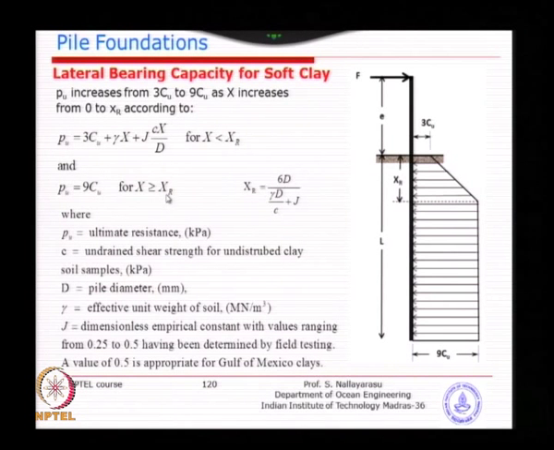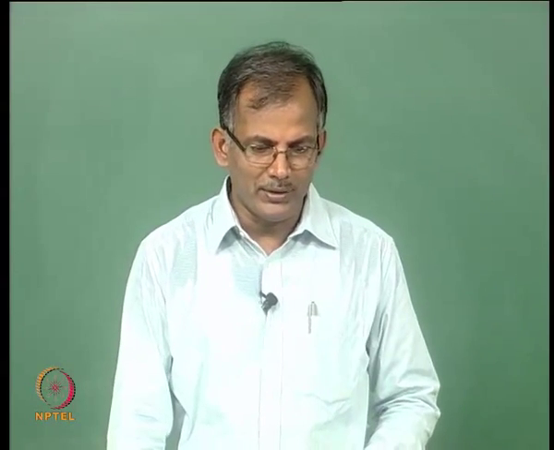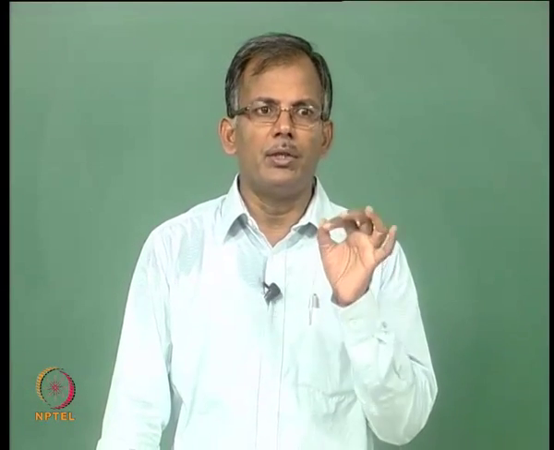After reaching the XR value, it becomes constant. So, after that it becomes almost uniform like this, and with the units you have to be a little bit careful. Ultimate resistance is actually here. If you multiply this whole term by diameter, then it gives you the reaction in terms of kilonewton per meter, that means per unit length, whereas right now it is giving you a unit lateral capacity in terms of kilonewton per square meter.